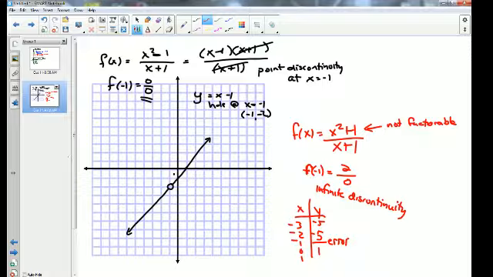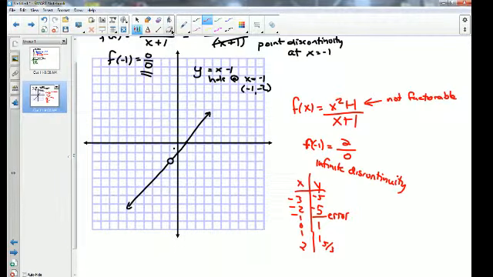If I plug 1 in, I get... weird. Let's try another value. 5 over 3. And what if I plug in -4 real quick? I'm just checking up here because it's funny. 17 over -3. Negative.